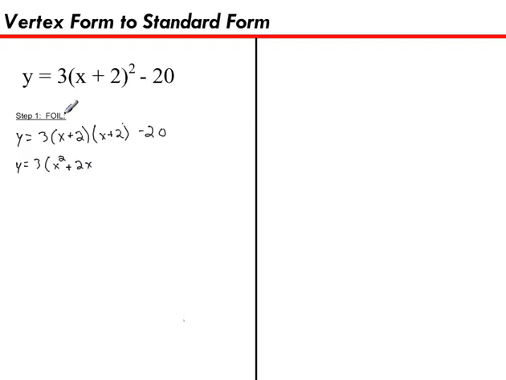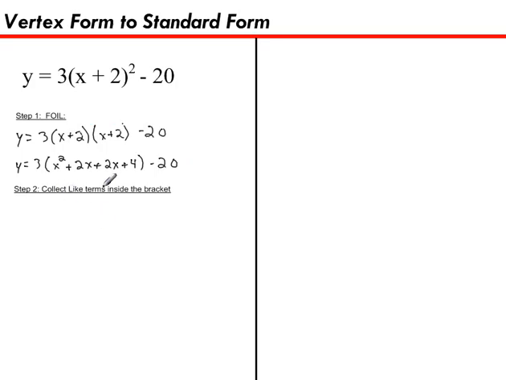Then I come to I, which is inside. That's these two terms, 2 and x. They also multiplied together make 2x. And finally, I come to last, which is this term multiplied with this term. 2 times 2 makes a positive 4. Then I close the bracket. Don't forget the closing bracket. And I keep the minus 20. And that's my FOILing done. Let's go on to the next step.